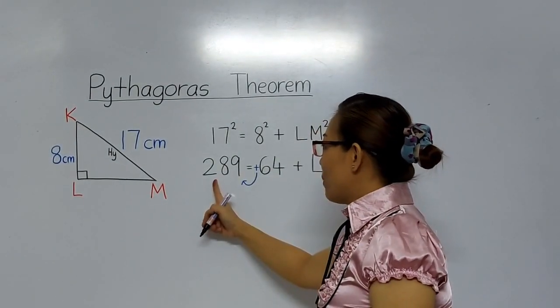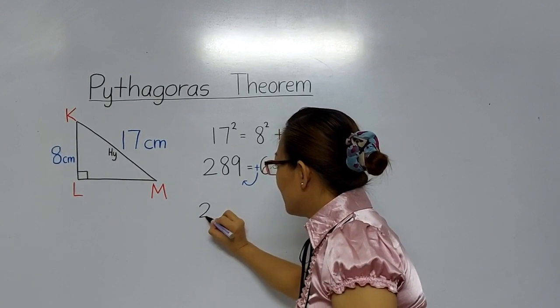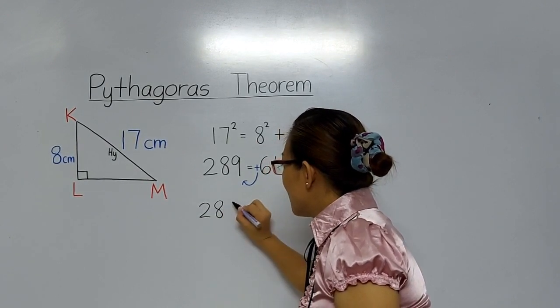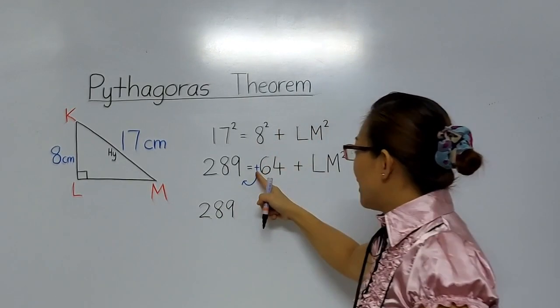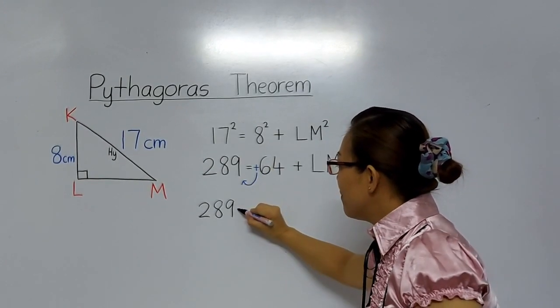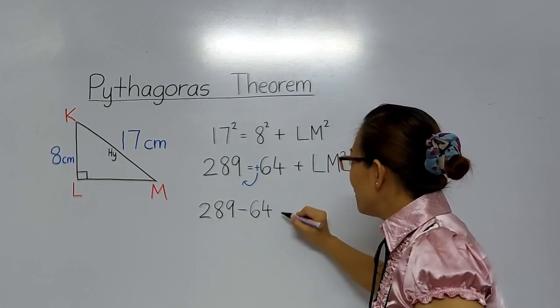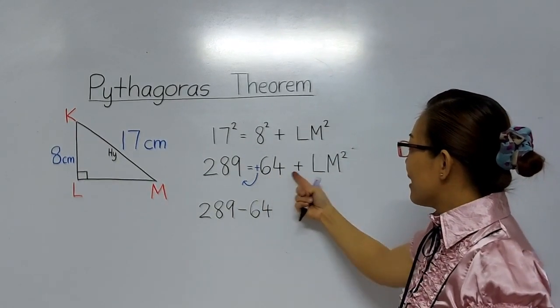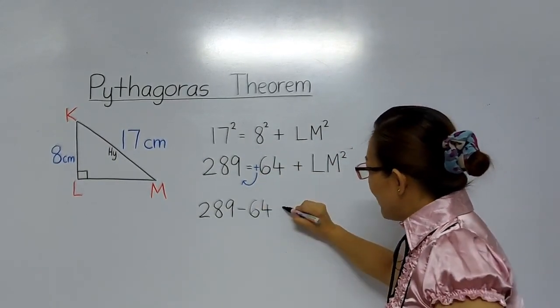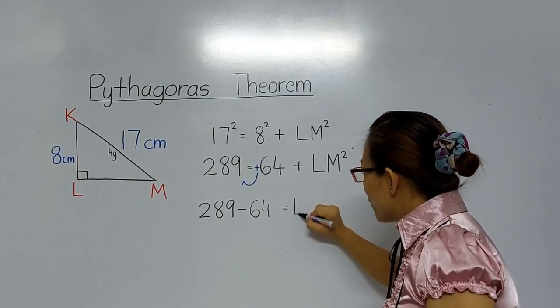Next line, we copy this number first, 289, and 64 has become minus 64, or we call it negative 64. On the right hand side of the equal sign, we are left with LM square.